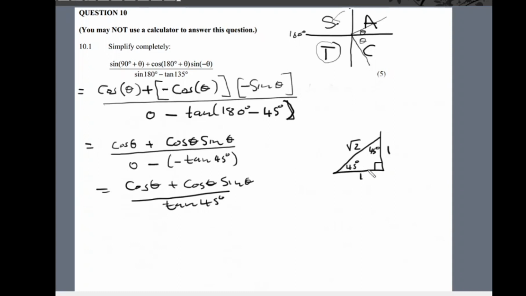If you say tan 45, tan is opposite over adjacent, so that is 1 over 1, which is just 1.